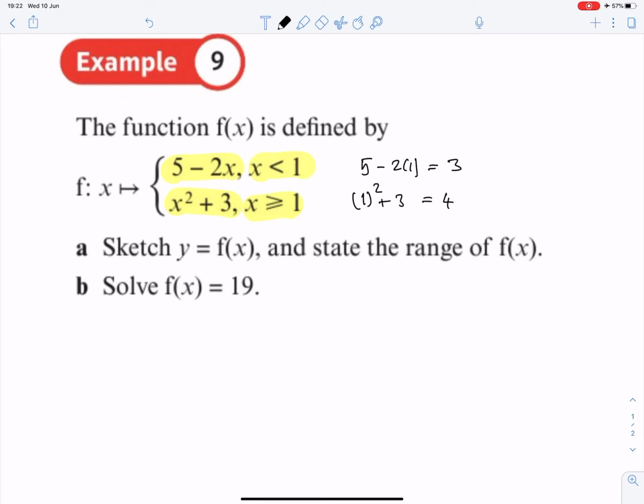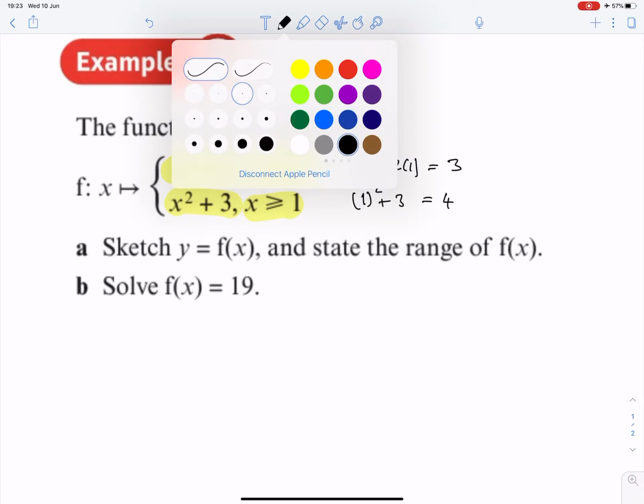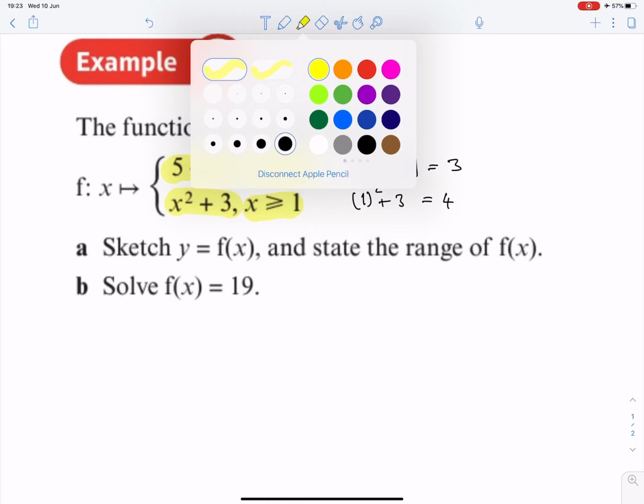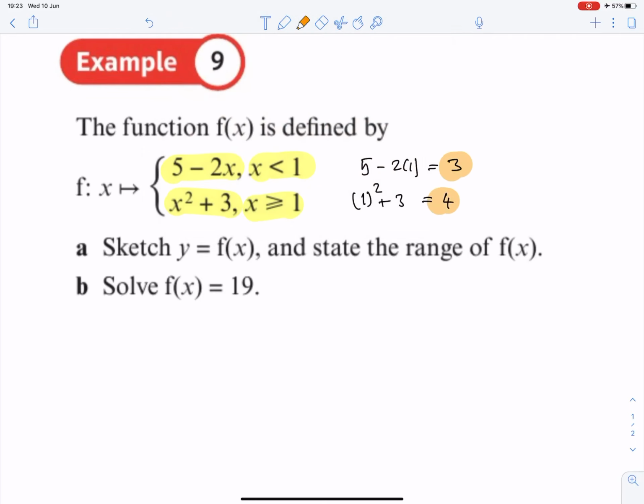Now that's quite unusual as a question and as a design of something, because at this point, x equals 1 in here and x equals 1 in here, these outputs are different, which is very unusual.